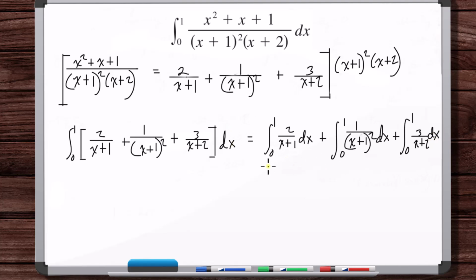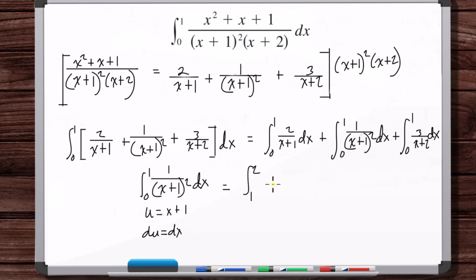Okay, so now this integral here, any linear factors, no matter what they are, we can solve using a u substitution. So u is x plus 1 squared, du is dx. So when x is equal to 0, u is equal to 1. When x is equal to 1, u is equal to 2.